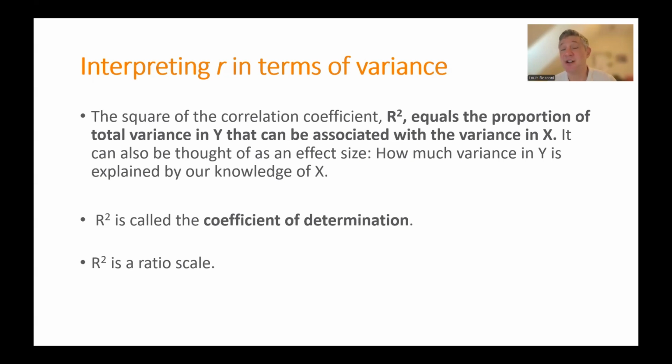So you see the r squared is 0.32, which is saying that 32% of the variance in Y can be explained by Y's association with X.